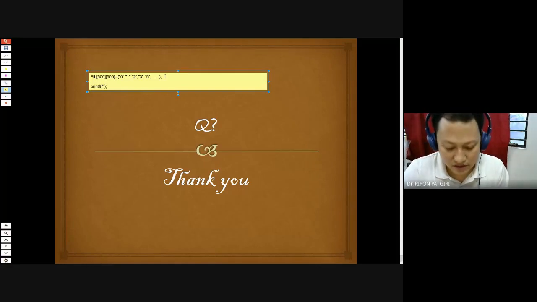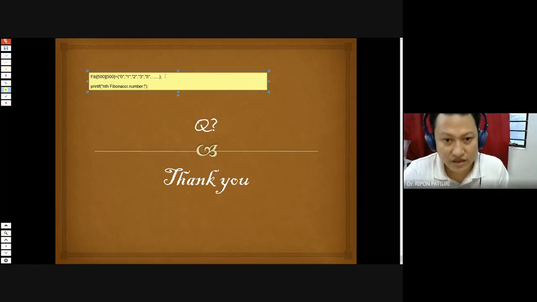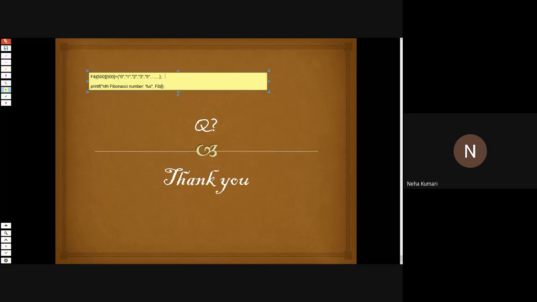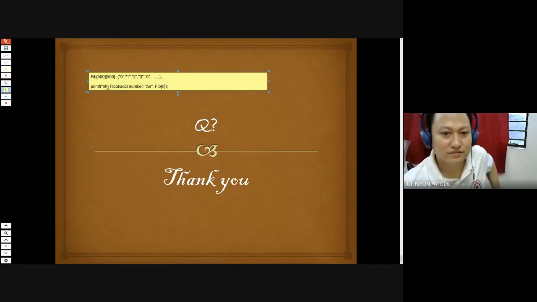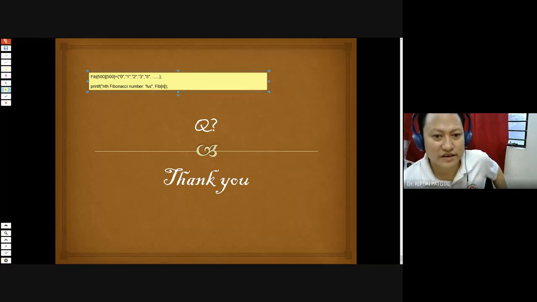I would like to display the nth Fibonacci number is %s, comma, is fib. And that's it. Because it is a string, right? I have to put it as a string.